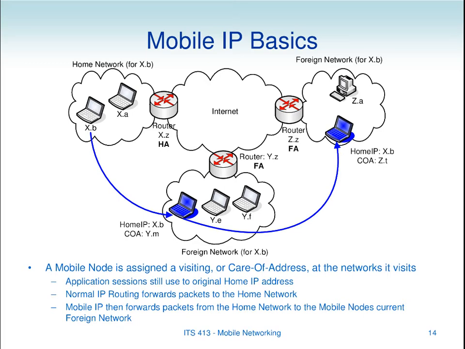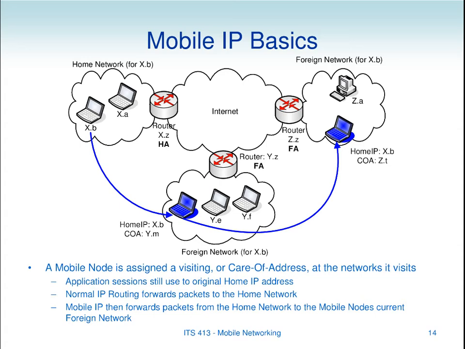And then it's the role of the home agent to forward that to the foreign network. The home agent knows to forward it because of the registration, and in particular the home agent keeps a data structure called a mobility binding table that lists the mobile nodes and where they are.